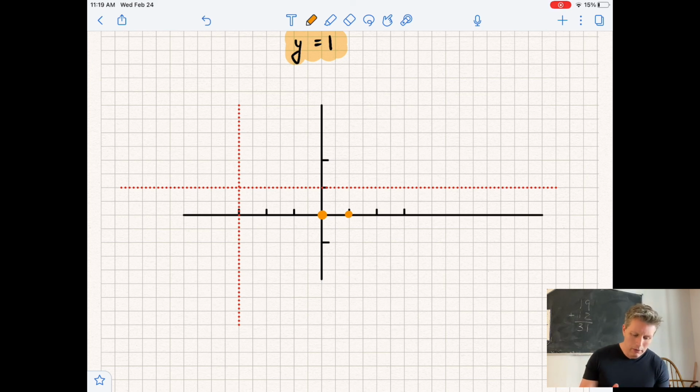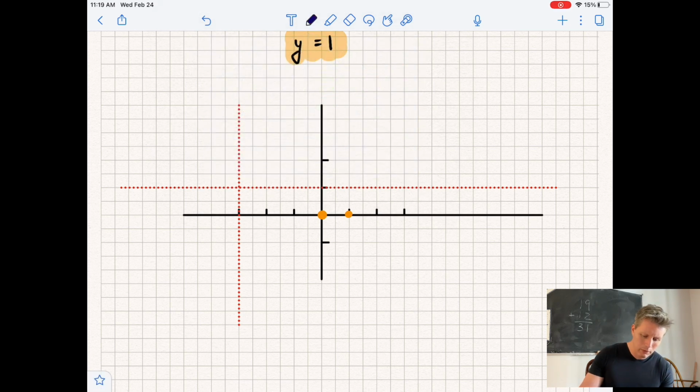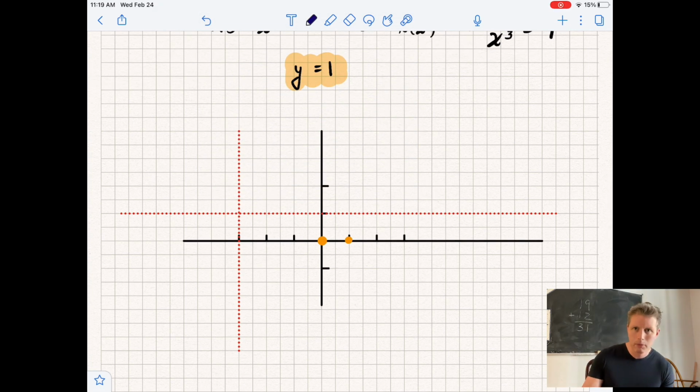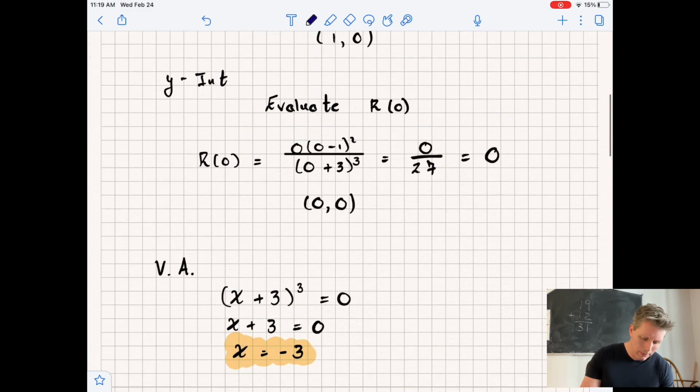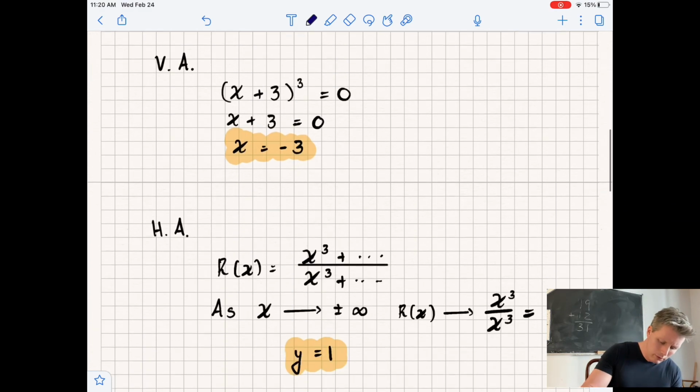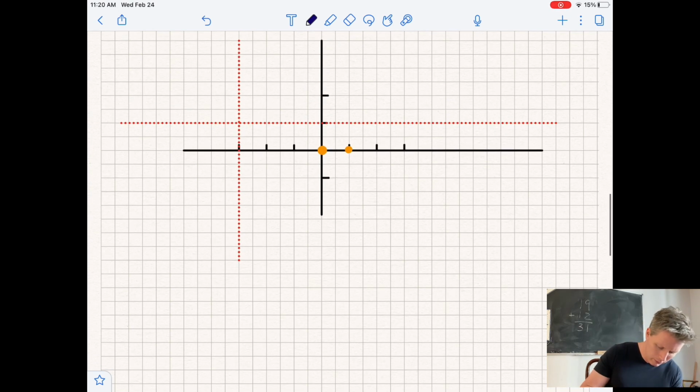All right, so now it only remains to work out what my function actually looks like. To do that, I'm going to look at the multiplicities on the factors in the numerator and the denominator. I'm going to start with the numerator. What I'll do is rewrite r of x just down here, just so that we can refer to it easily.